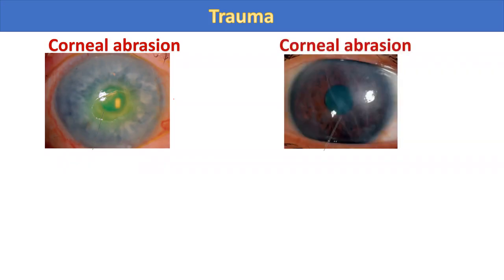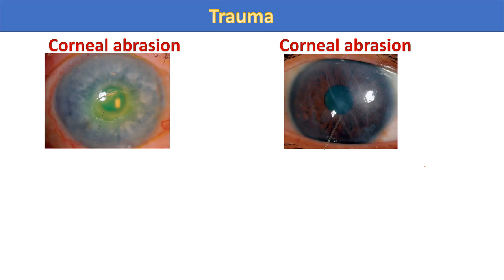For those patients who are contact lens wearers, or who have a history of trauma, don't patch those eyes. These scenarios already represent a high risk of infectious keratitis if patched.